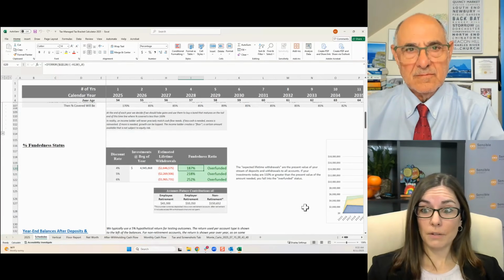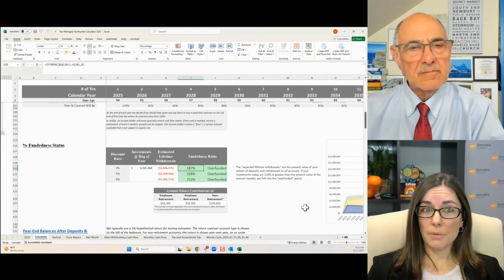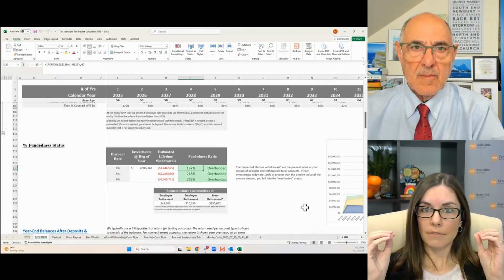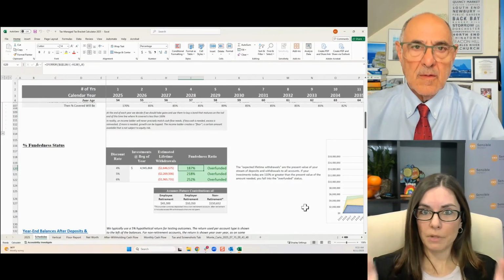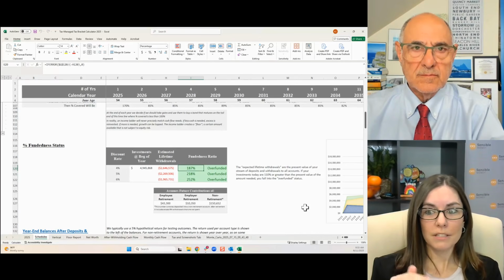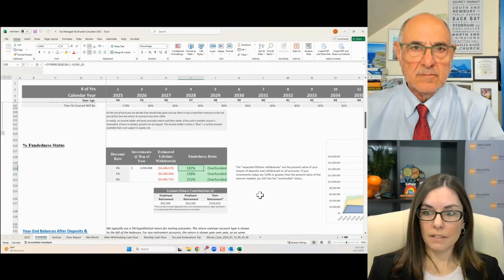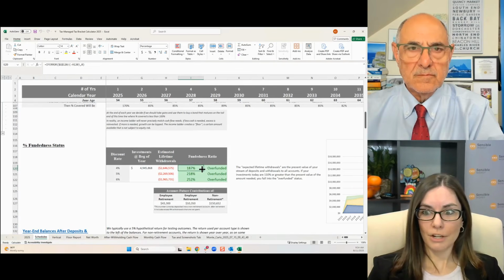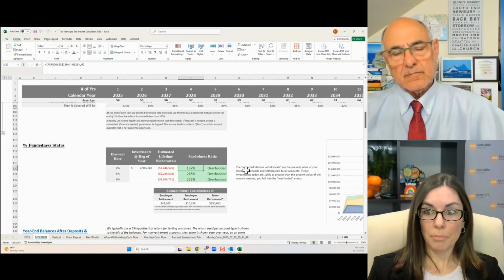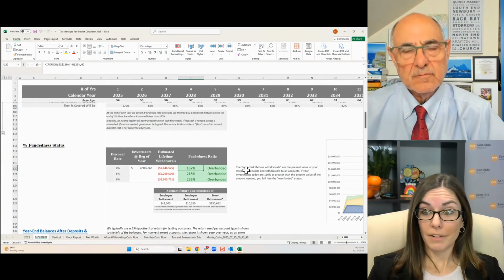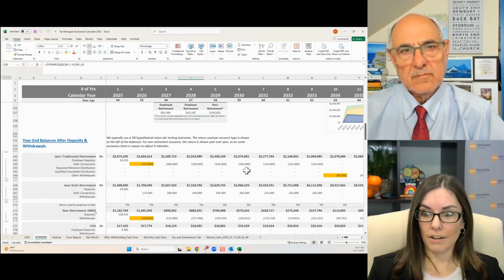The total amount of QCDs in this plan is almost $800,000, and that's $800,000 that is given away to charity, not kept within the portfolio. So it does slightly reduce the fundedness, but the main takeaway here is it's still showing she has almost twice as much money as she needs. She can give money away to charity, still be in great shape, but now she can save on taxes and save on Medicare costs.